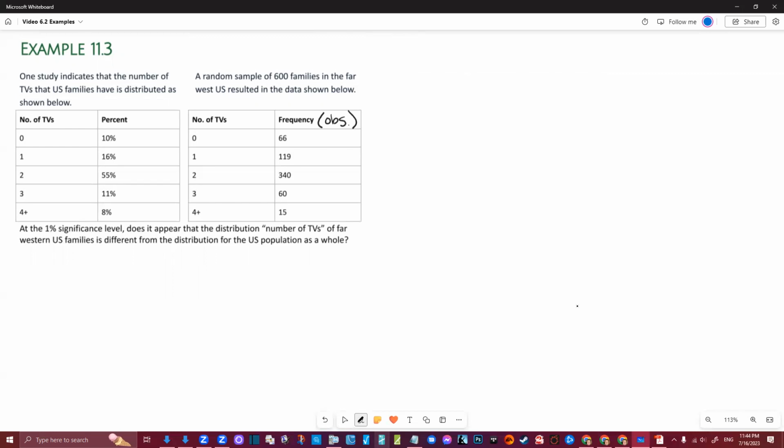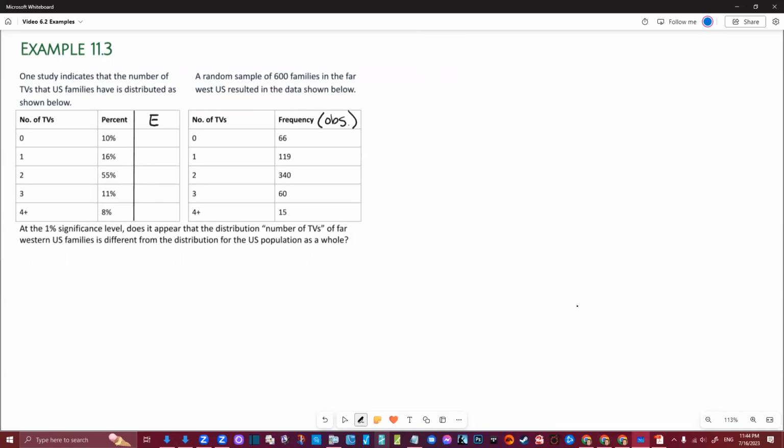That means this overall US table must be my expected, but you'll notice that it's percent and not frequencies. I need a column for frequency. So I'm going to add a column to this table for our expected values.